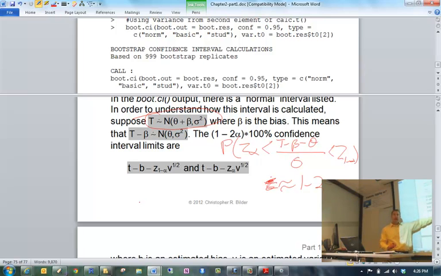If instead calc.t actually gave you back 2 elements, t and then V, boot.ci by default will put the observed value of that second element in there for V.